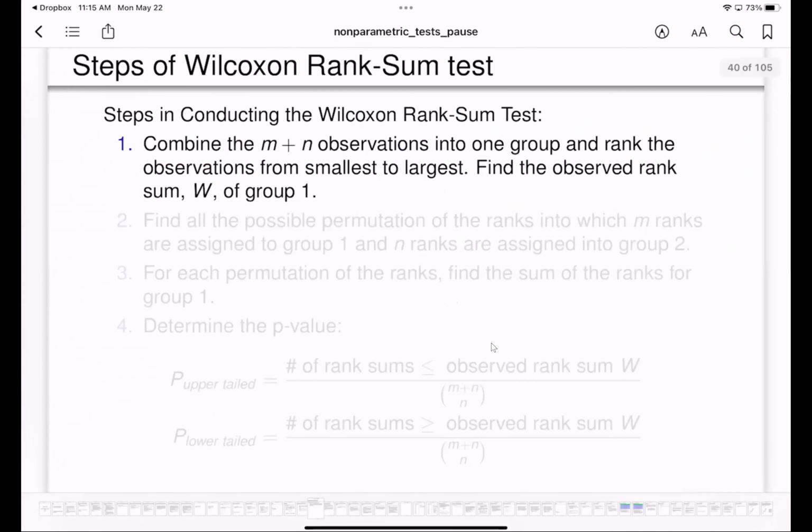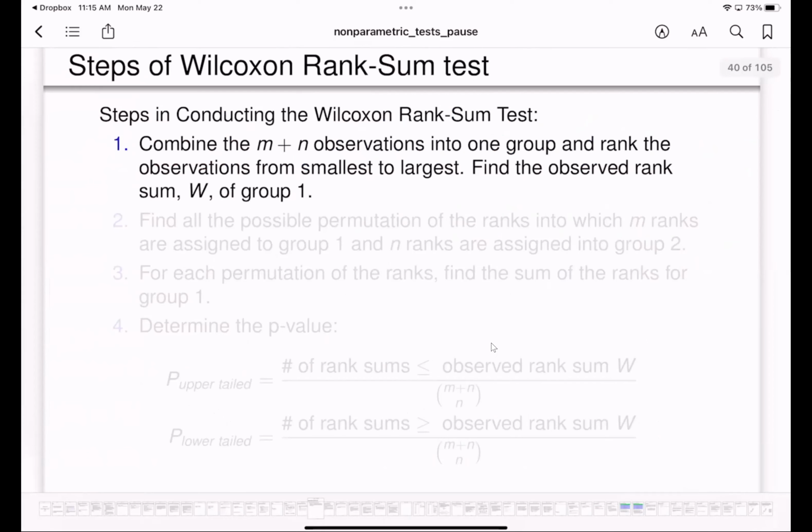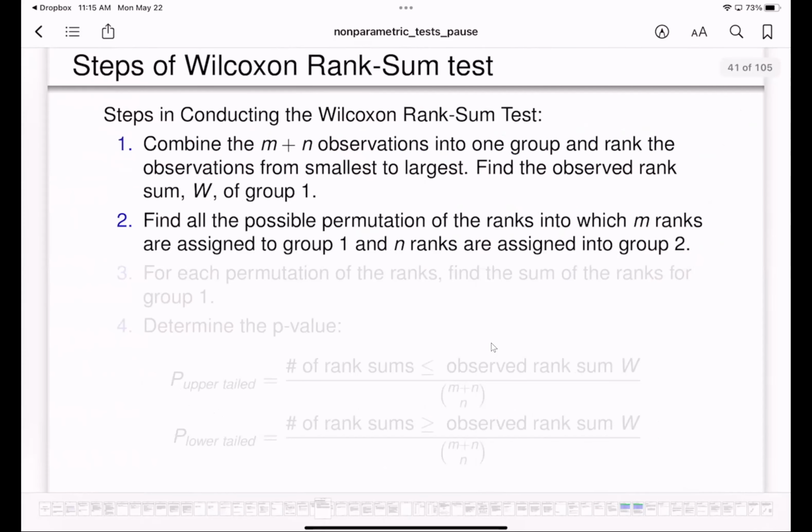Okay, so this is basically considering how we perform the test. First, combine all of the observations into one group, rank them from the smallest to the largest, and assign the ranks. After we assign these ranks, we will only sum up the ranks in one group. For example, only take the sum of the ranks in group 1, and then find all possible ways of assigning the ranks to these observations.